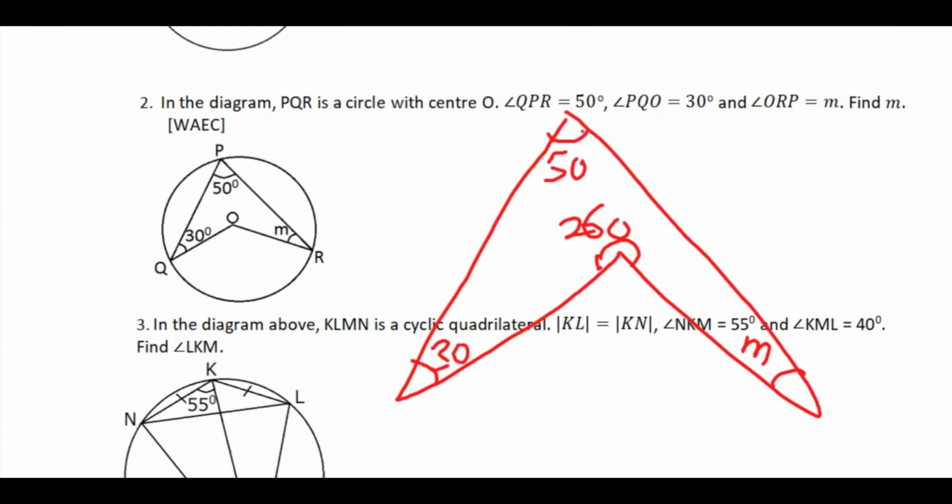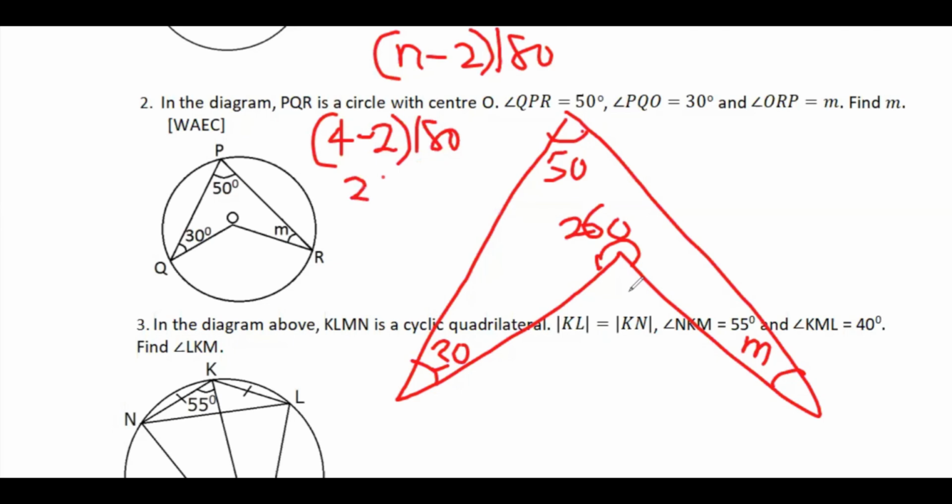Since this is a quadrilateral, the sum of angles in a quadrilateral is 360 degrees, because the sum of angles in every polygon is n minus 2 times 180. And for a quadrilateral, since it has four angles, it will be 4 minus 2 times 180, which will give us 2 times 180, and that will be 360 degrees.